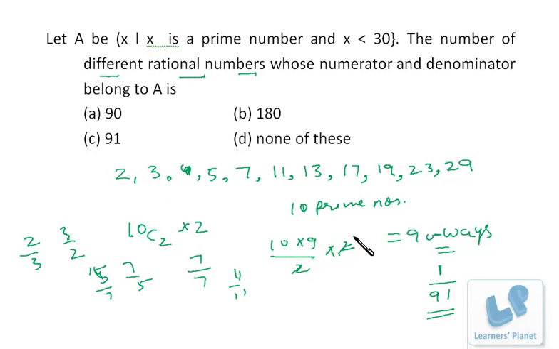After that, we added 1 because we will be getting 1 also if I divide each number by itself, right? So in all 91 different rational numbers we will be getting. Okay, so it's really an important and interesting problem. I hope you are clear with the concept.